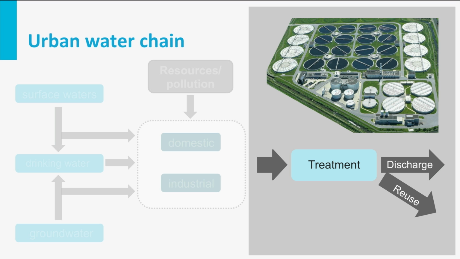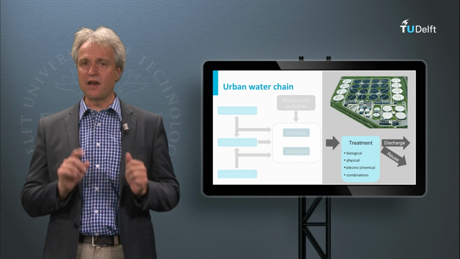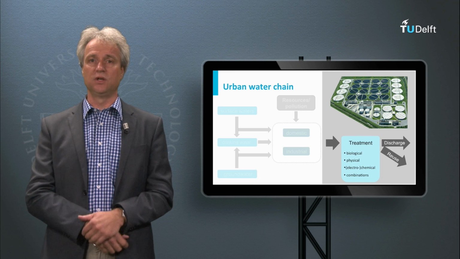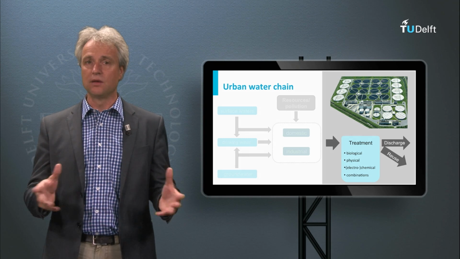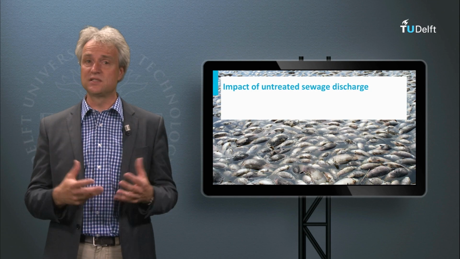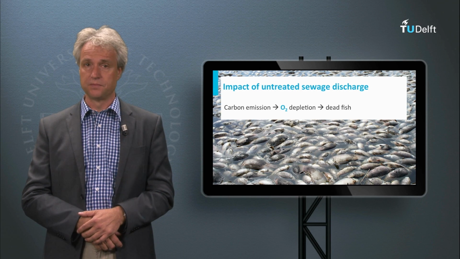The sewage treatment plant consists of several functional units, each targeting a specific group of pollutants. Such a unit may consist of physical treatment, chemical treatment, biological treatment, electrochemical treatment, or combinations of these types of treatment. We have to realize that every single cubic meter of drinking water will ultimately become 1 cubic meter of wastewater, and that may impact many cubic meters of surface water, or even groundwater, when it is discharged without treatment.